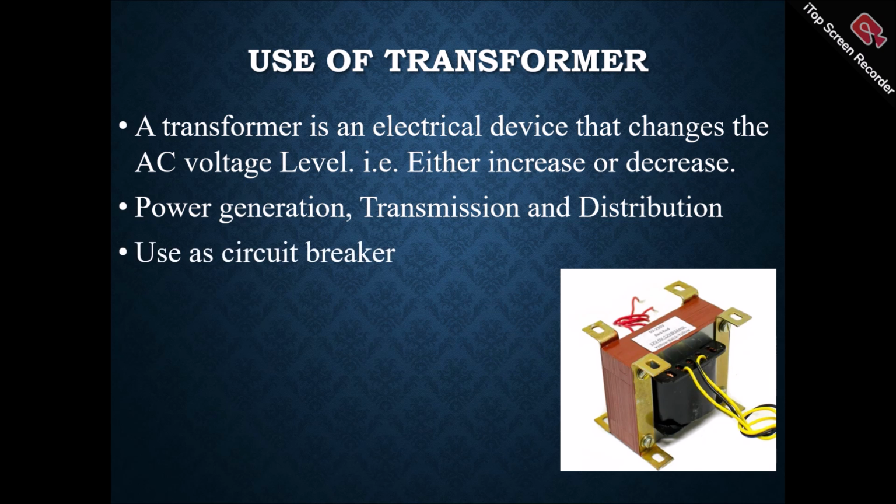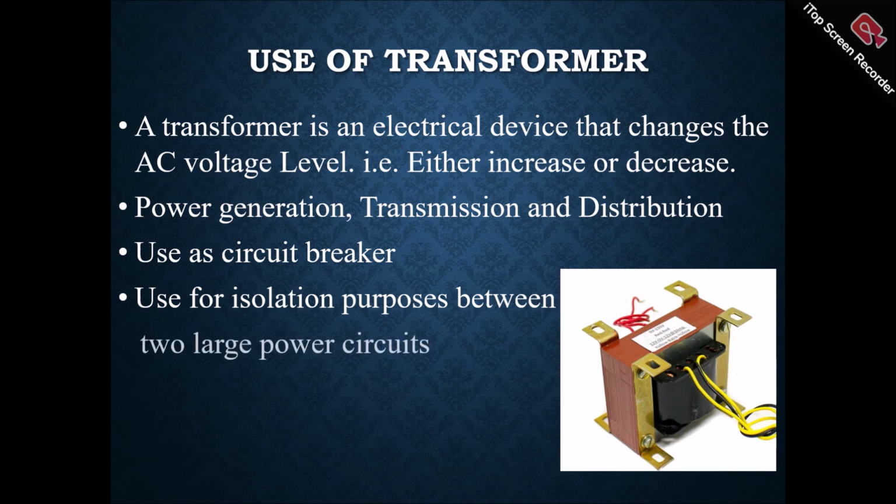It is used as a circuit breaker. It is also used for isolation between two different circuits. And suppose I want DC voltage supply. In that case, I can convert my AC voltage into the DC voltage. In that case, the very first stage is to either reduce the AC voltage or to increase the AC voltage. So in that case, we can use transformer.